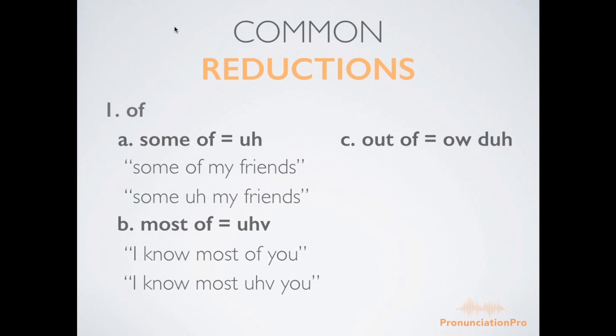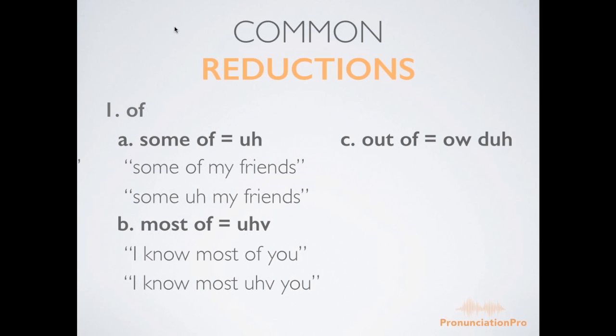So this one has that tap T rule. If you've gone through the second week of the program, you've learned about the tap T. When the T is surrounded by vowels, it becomes a D pronunciation. This happens all the time in English, and even though it's a very minor thing, it's something that triggers that, oh, they're not a native English speaker, because that T is, by native English speakers, very rarely pronounced.